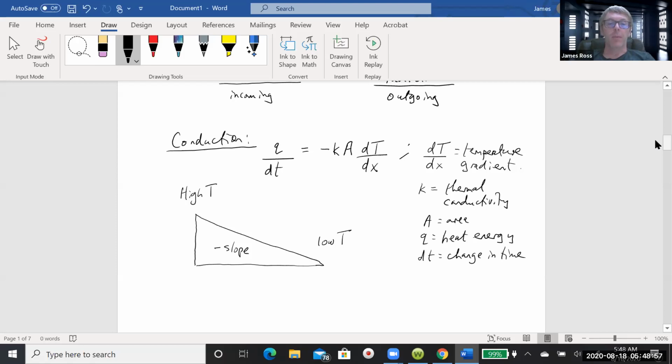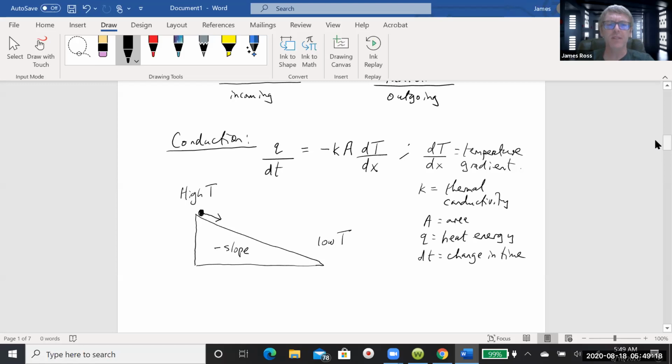Well, if I put a marble up top here, we know that the marble is going to go in this direction, right? The marble is going to roll down the slope. If the slope was 0, there'd be no rolling of the marble. But if I've got a negative slope, then the marble rolls downhill.